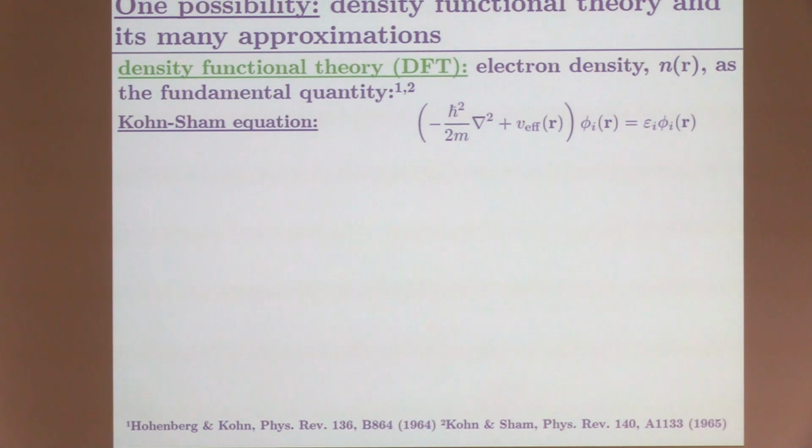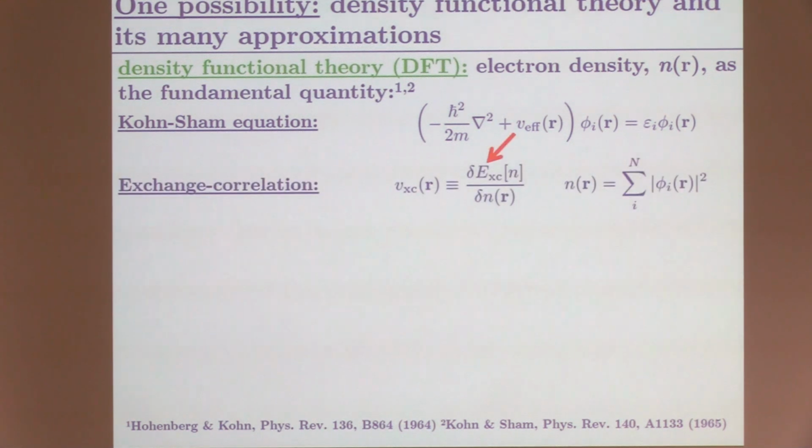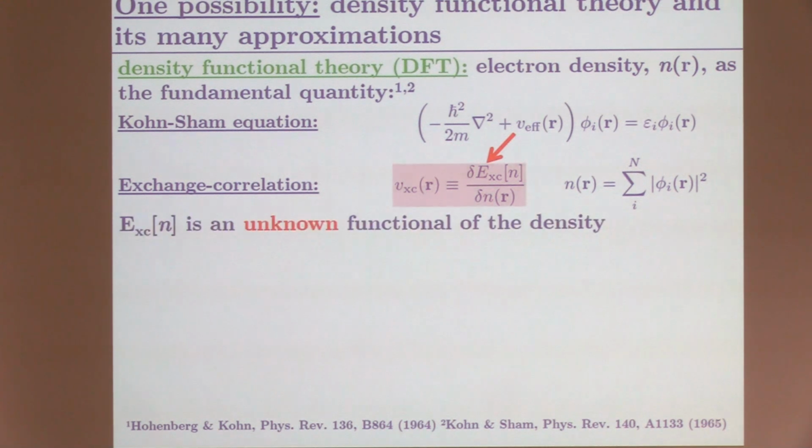Now, how do the electrons interact? Well, I have a common potential, this V effective here. And an important ingredient of that potential is the so-called exchange correlation potential, which is a functional derivative of the exchange correlation energy. This is also where the theory gets its name from, because these energy functionals are functionals of the density. The density I get from these single particle orbitals after the DFT calculation, and this gives me a scheme to calculate material properties.